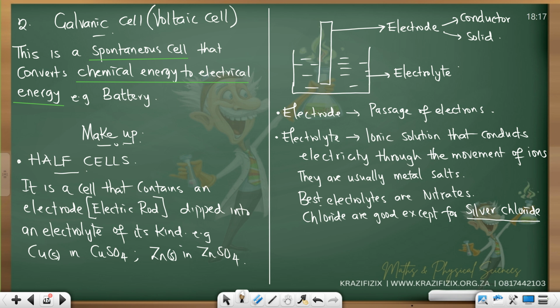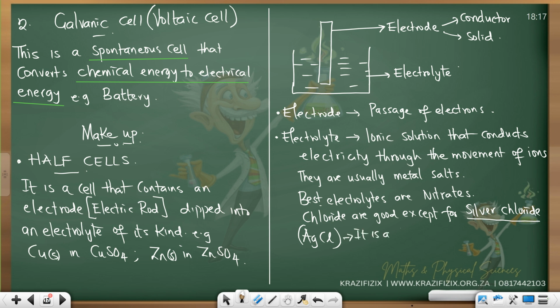I'm going to deal with that silver chloride before the day is over. Please take note of the formula of silver chloride: AgCl.